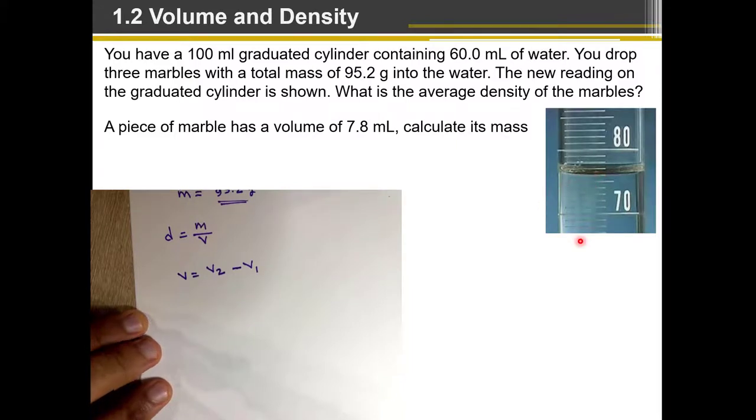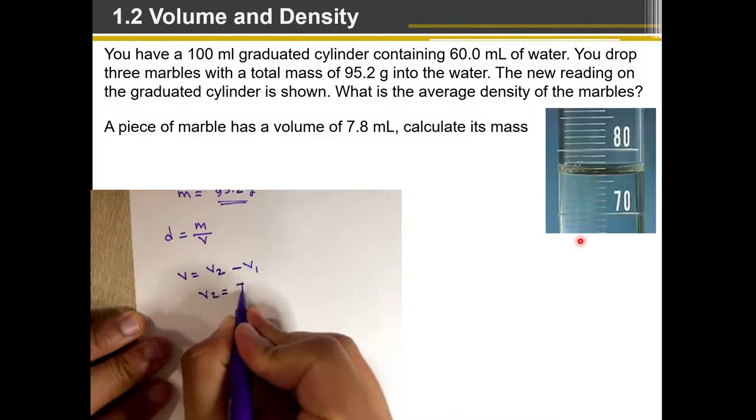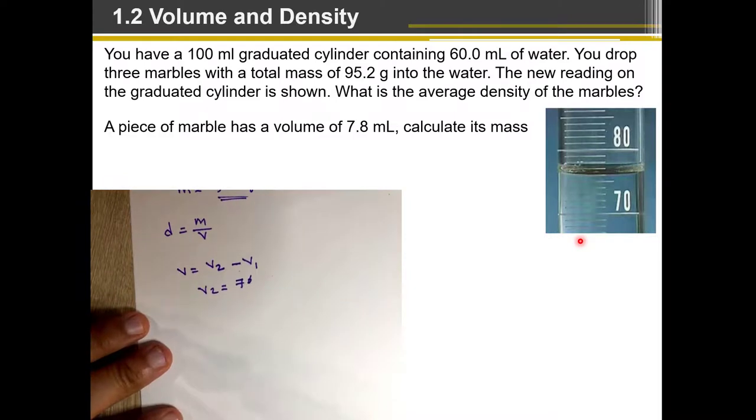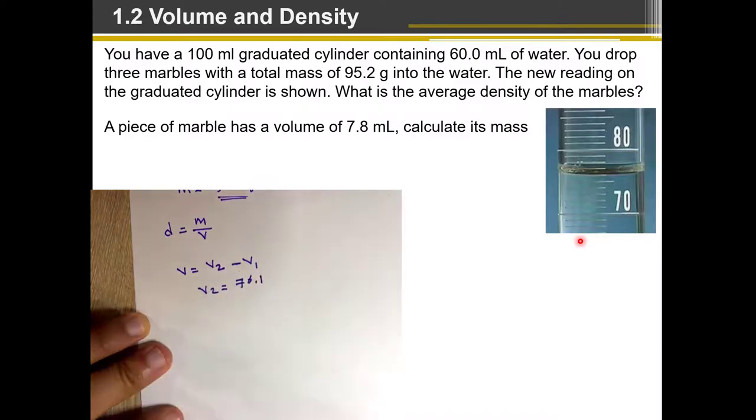So V2 is going to equal 76 milliliters, but it's actually a little bit above 76. So you have to estimate that number. We'll estimate it to be 0.1.